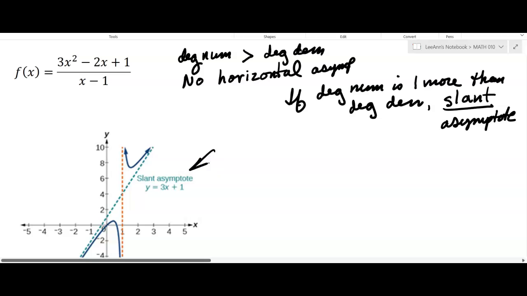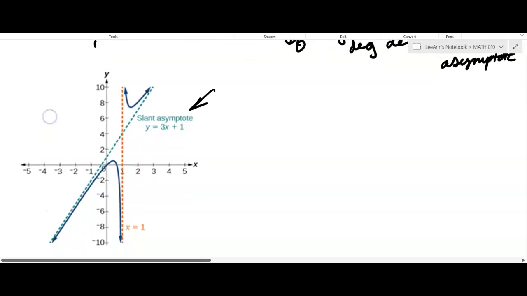That's because my degree here is 2, and my degree down here is 1. So if it's just 1 more in the numerator than the denominator, you get what's called a slant asymptote. The way you find the slant asymptote, let me show you the picture here. So this is the slant asymptote.